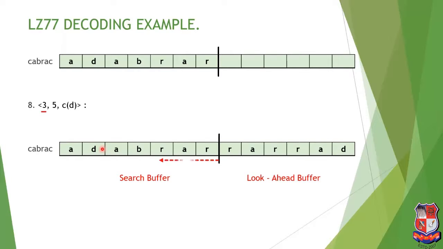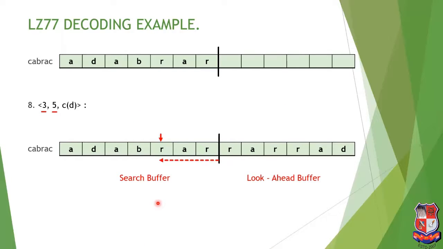Then here we point the search pointer at symbol R, because the offset is 3: 1, 2 and 3. Here we match. The length of match is 5, so copy the 5 symbols from the search buffer to the look ahead buffer.